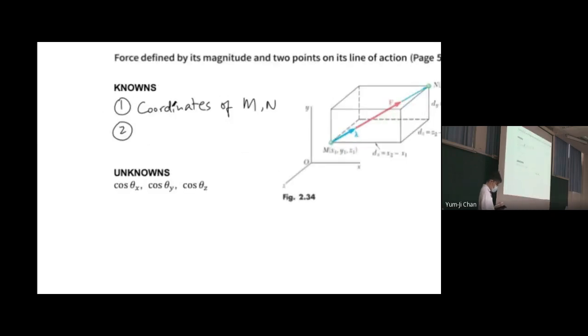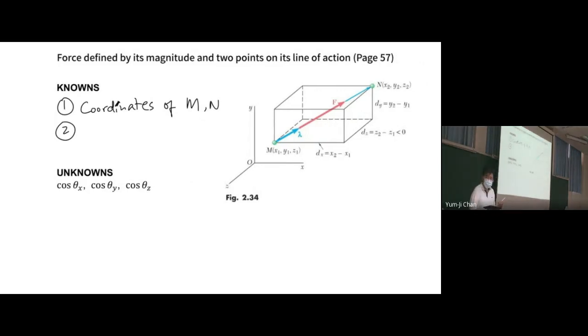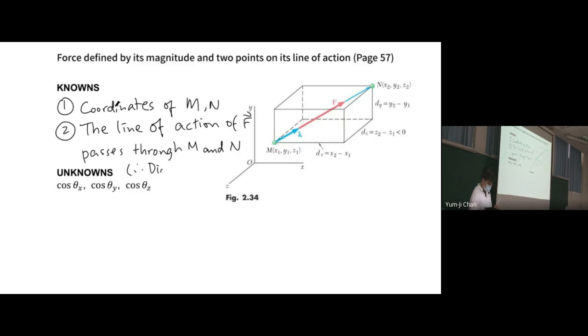So we know the coordinates of M and N. We know the line of action of F passes through M and N. In other words, the direction of force F is in this direction, along vector MN.